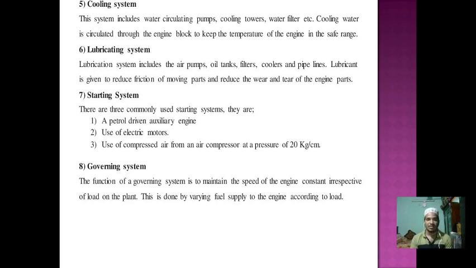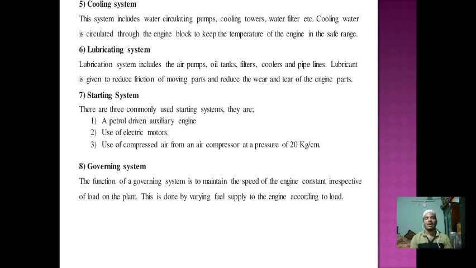Starting system: these are the three commonly used starting systems. They are a petrol driven auxiliary engine, use of an electric motor, and use of compressed air from an air compressor at a pressure of 20 kg per centimeter squared. These are the common starting systems.